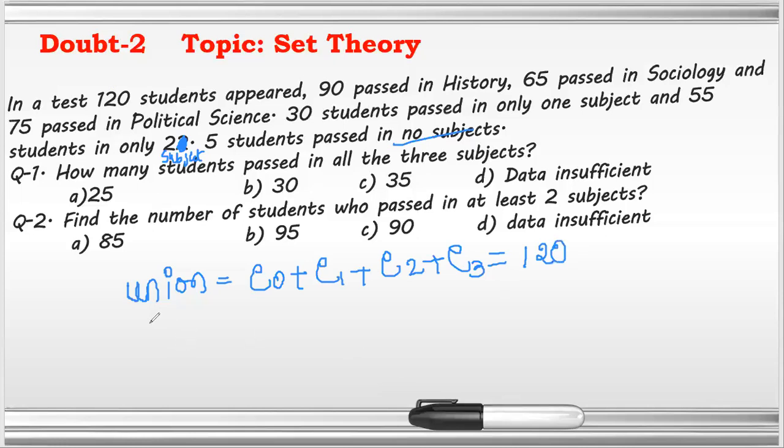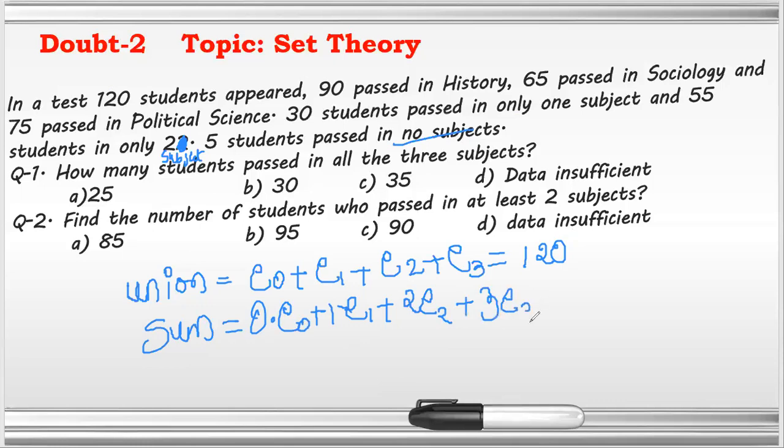Now what will be the sum of it? Sum will be 0 times E0, 1 times E1, 2 times E2, 3 times E3. And if you add, what will be the sum? 90 plus 65 plus 75, that is 140, 140 plus 90 is 230.